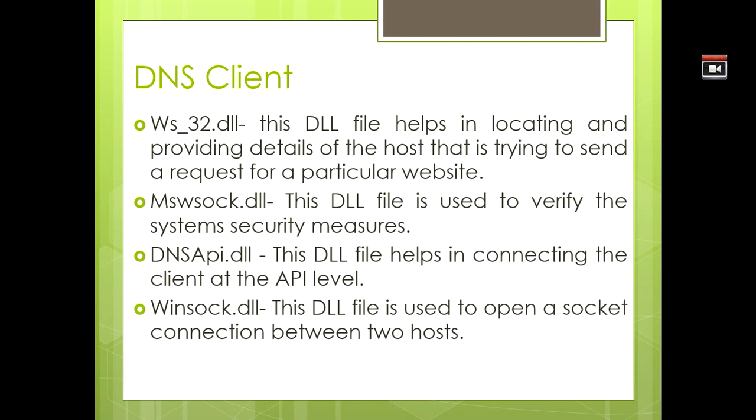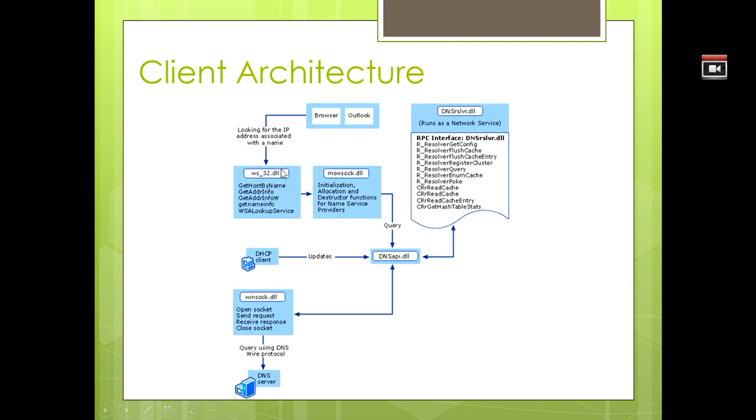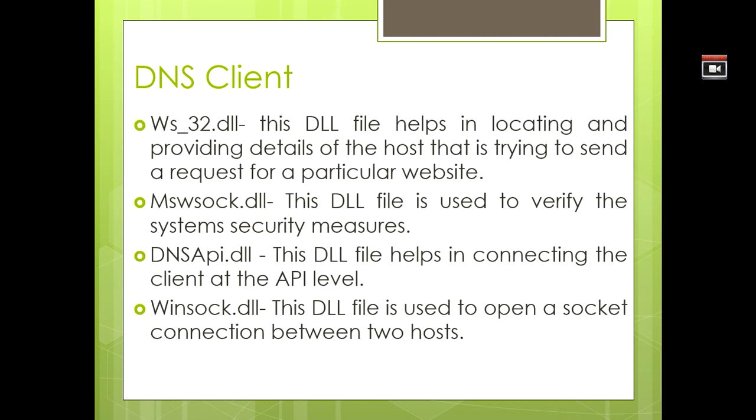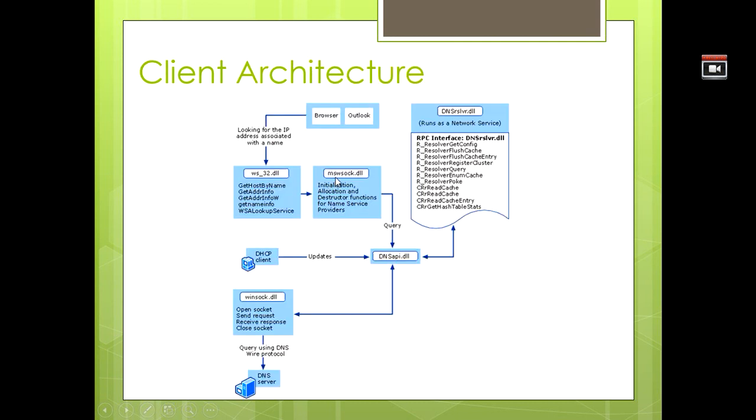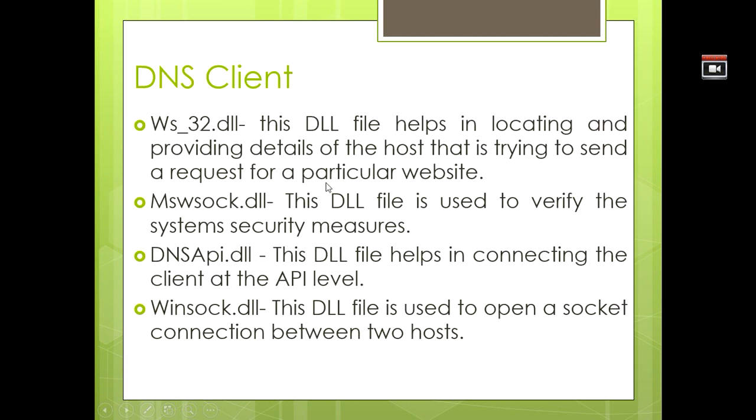DNS client. In the DNS client, we have seen certain files with .dll extensions. This is ws_32.dll. This provides the details of the host that is trying to send a request to a particular website. mswsock.dll. This particular file helps to verify the security measures for a system.